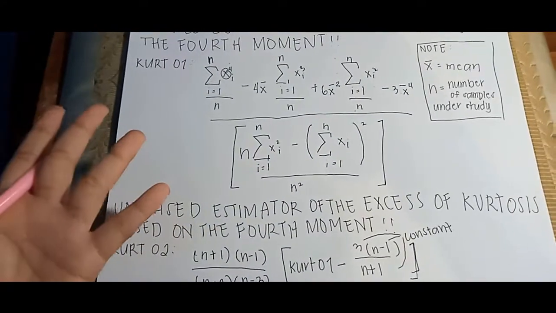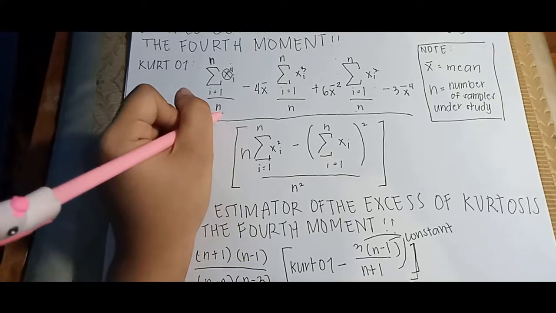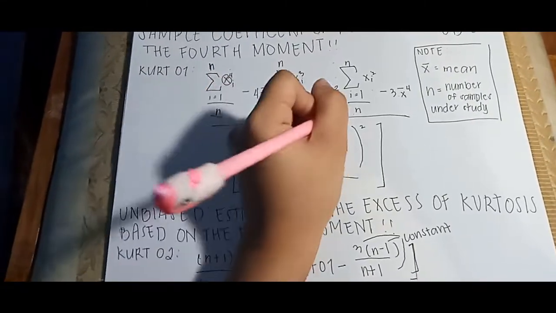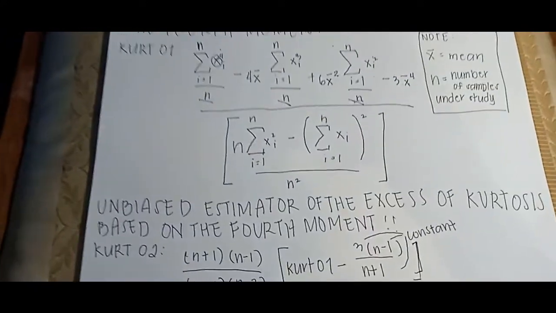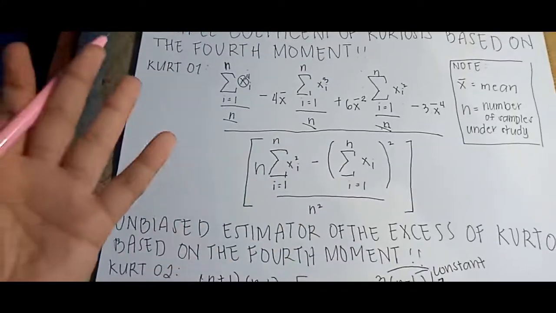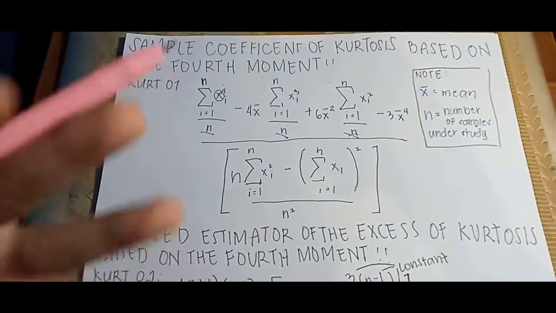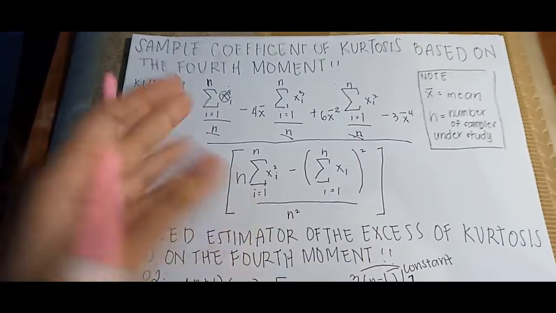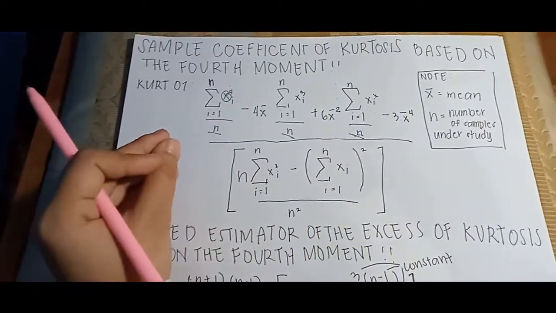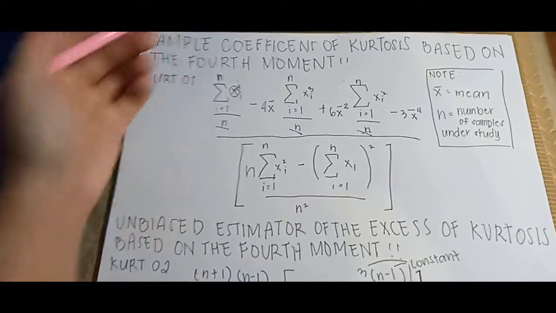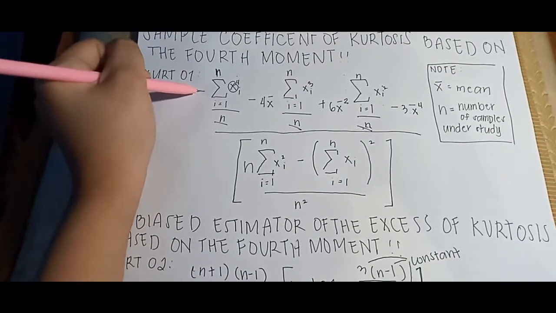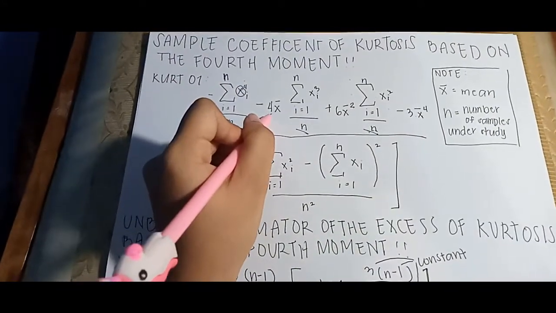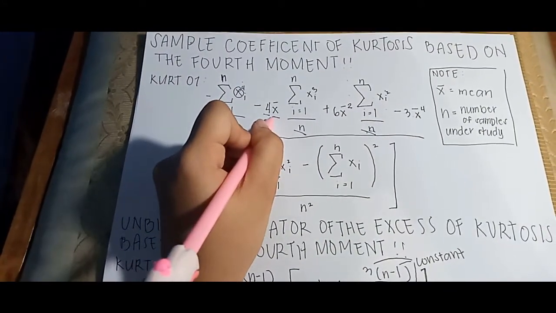After doing that, we divide it by the number of samples under study, which is the total given. Then the answer will be your mean. After getting the mean, you will use this formula right here: put the answer here, then divide it by the number, then 4 times the mean.